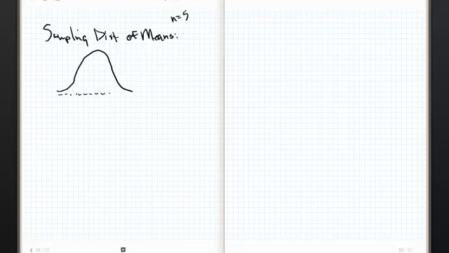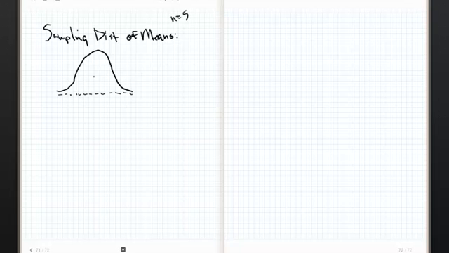If I talk about sampling distribution of means, remember, again, this is arbitrarily chosen. Let's just let n equal 5. If I were to take the sampling distribution of the means of the gifted kids, of the number of siblings that they had, believe it or not, the distribution would look normal.